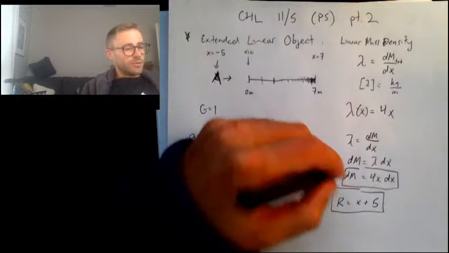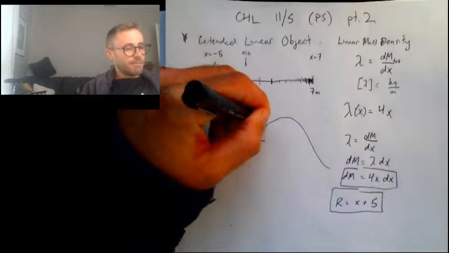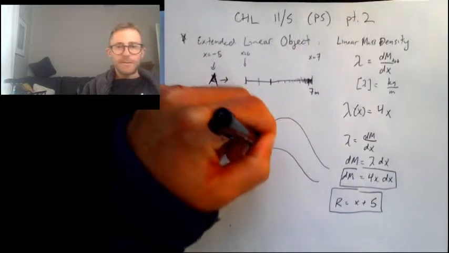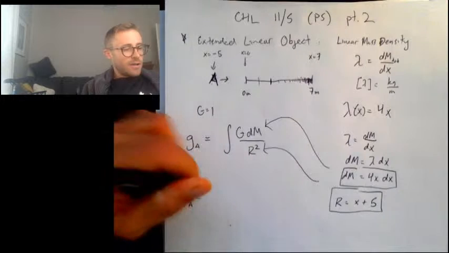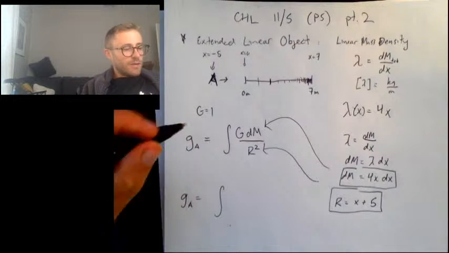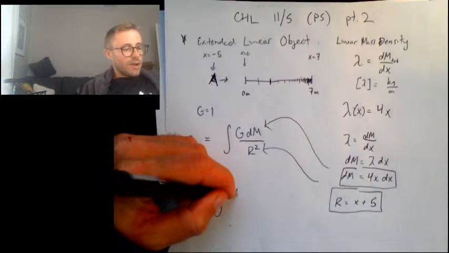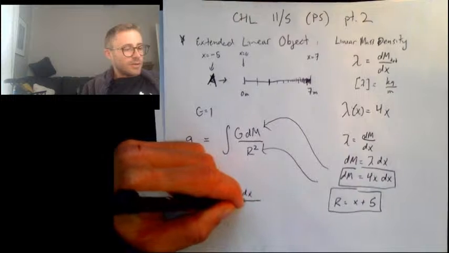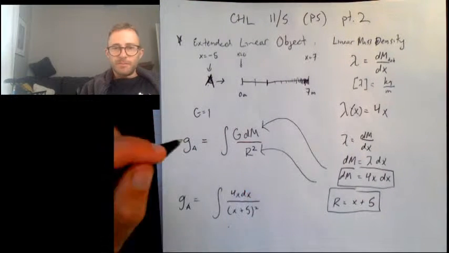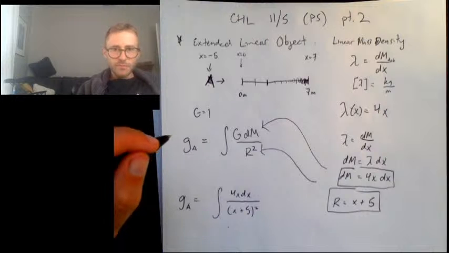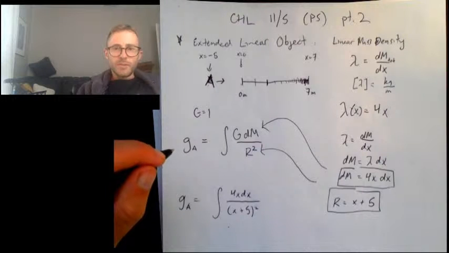So then what we do is we just plug in. The gravitational field at point A is going to be the integral of 4x dx over (x plus 5) quantity squared. Now, what are the limits of integration?